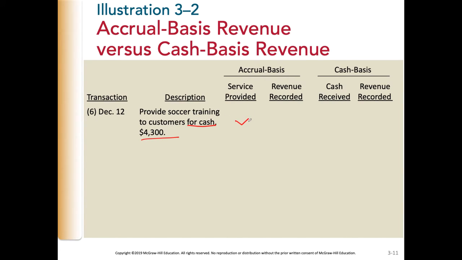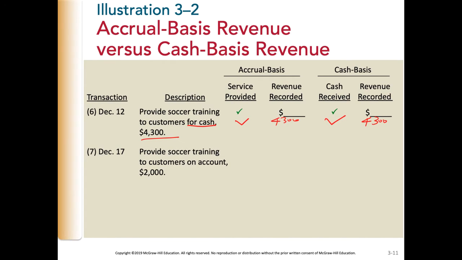So if we are already providing services, regardless of whether we receive cash, we should record the revenue, so we should record 4,300 here. And on the cash basis, should we record this revenue? Is there cash received? Yes, we did receive the full $4,300 in cash. So on the cash basis accounting principle, of course, this revenue should be recognized too.